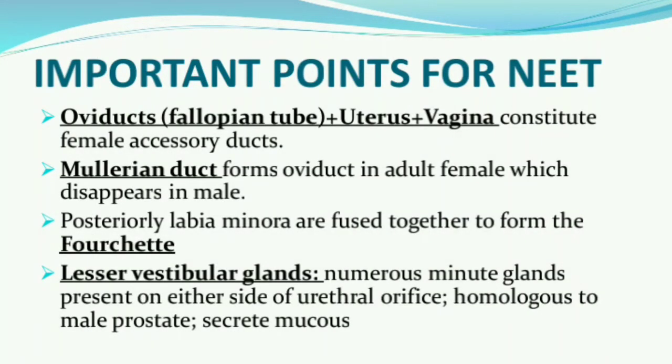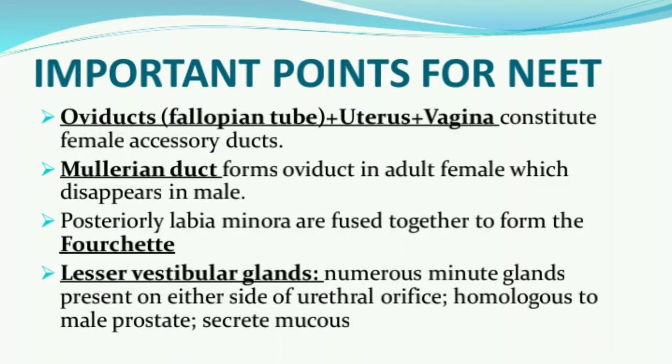Now, some important points for NEET have been mentioned here. First one is oviduct, that is fallopian tube, and uterus along with vagina constitute the female accessory ducts. Next one is Mullerian duct. Mullerian duct forms oviduct in adult female which disappears in case of male.